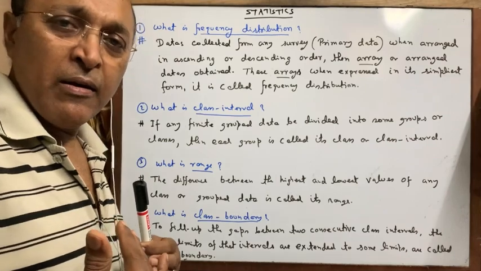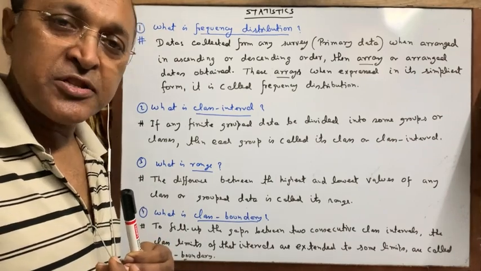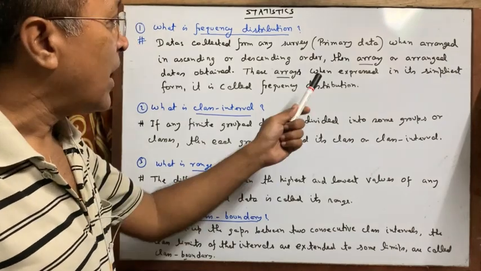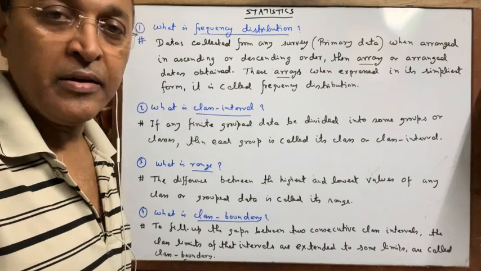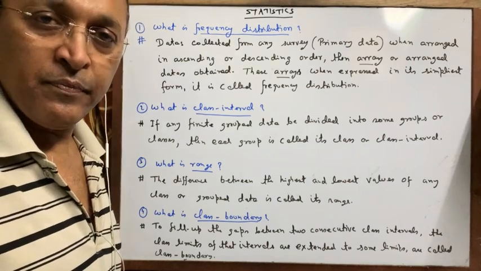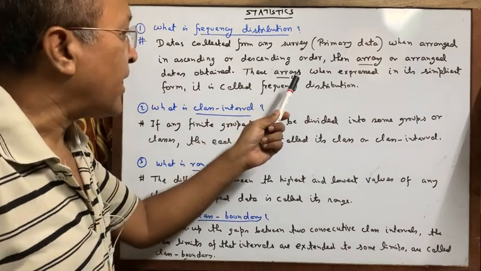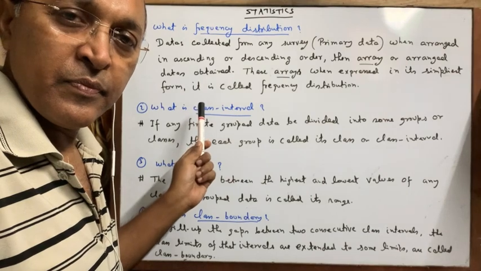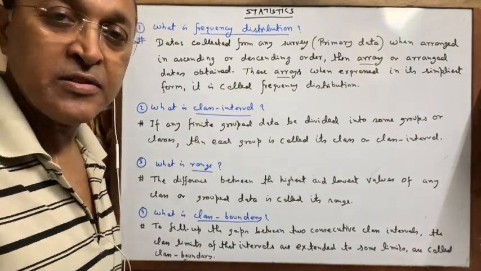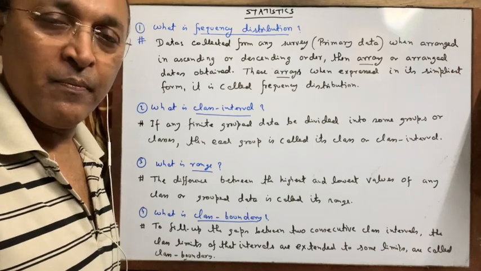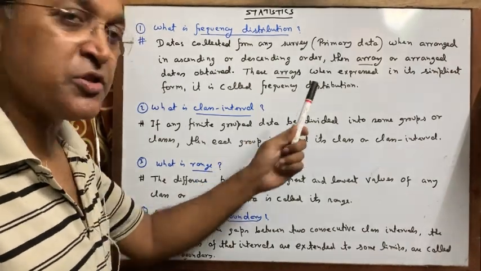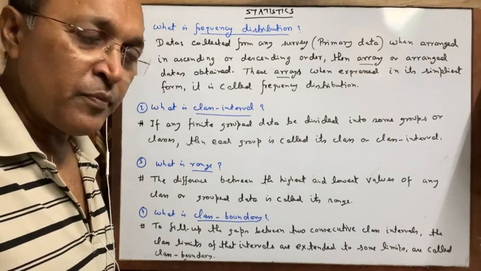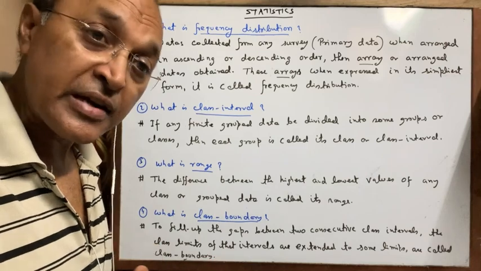These arrays, when expressed in their simplest form, are called frequency distribution. Soon I will show you how to make a frequency distribution table.